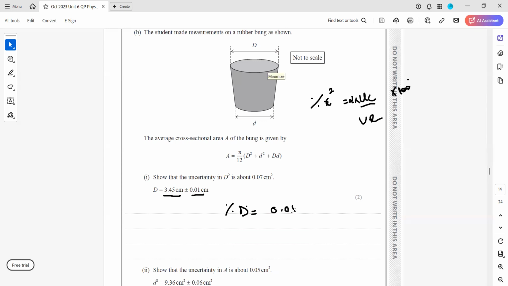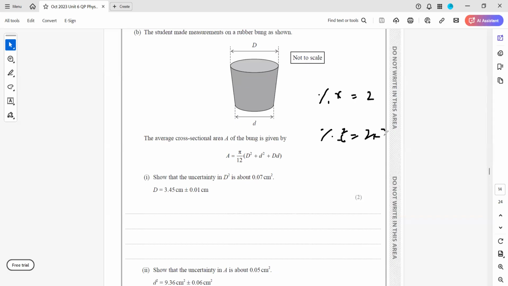No, it's not done like this. This is not the way for uncertainty. If the percentage uncertainty in x is 2, then the percentage uncertainty in x squared will be 2 multiplied by 2. Percentage uncertainty in x cubed is 2 multiplied by 3. Percentage uncertainty in x to the fourth is 2 multiplied by 4. That's the method of percentage uncertainty. It's not squared, it's multiplied by that same factor.